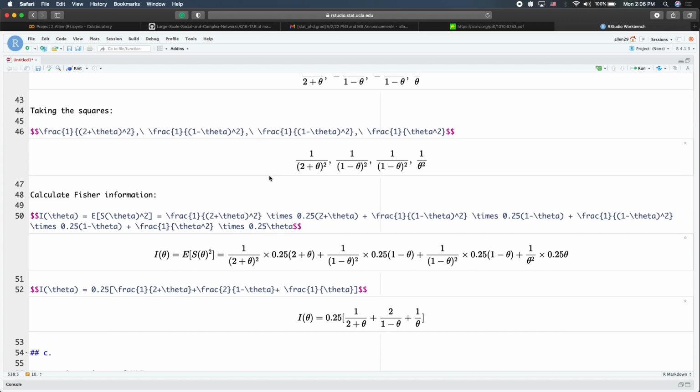There are different ways to get the Fisher information; here I just use the square and then take the expectation. So the expectation is this component multiplied by the probability of category A, plus this component multiplied by the probability of category B, and so on, by the definition of expectation. We're taking the expectation of the square of the score, and this gives us the Fisher information, which reduces to this.